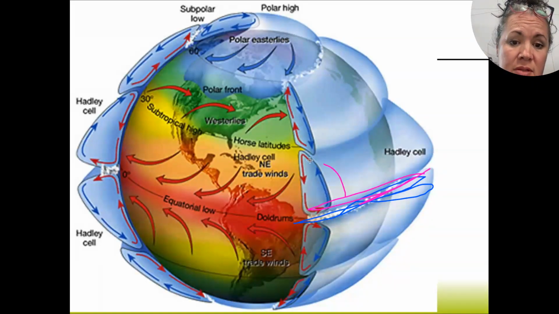Then the air cools, and as it cools, it's dropping, it's getting rid of all of that precipitation pretty quickly, and then it drops down and warms again on these surfaces and moves over here. And as it's warming, it's picking up not precipitation, it's picking up water vapor, and then as it rises, it condenses again. So this is a pattern, it's ongoing, and that is a global pattern.